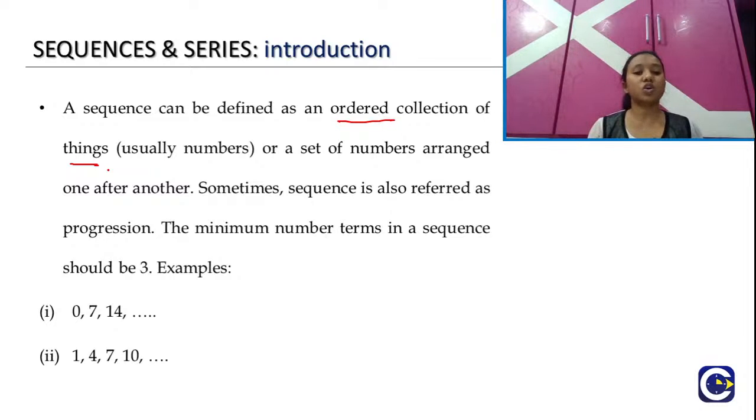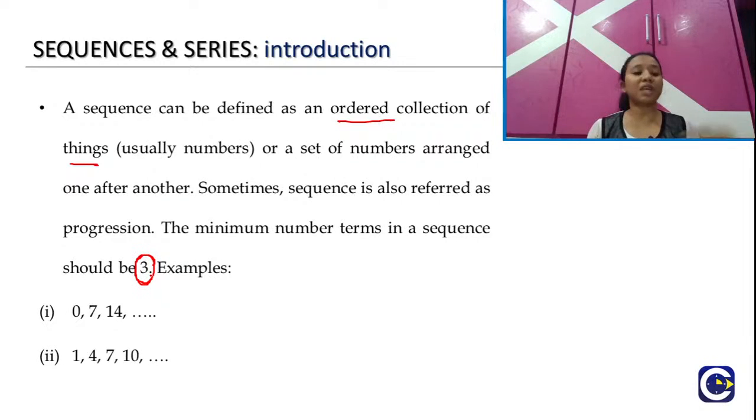There is a condition here to be called a sequence. What is that condition? When we are talking about a sequence, the minimum number of terms which should be present should be 3.